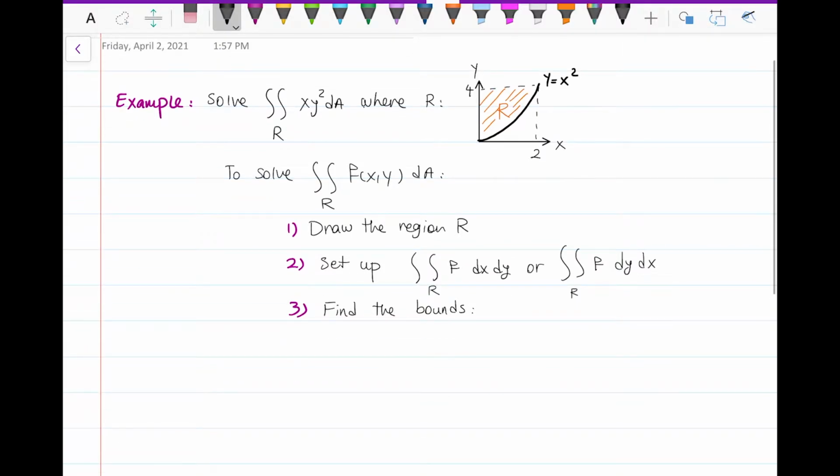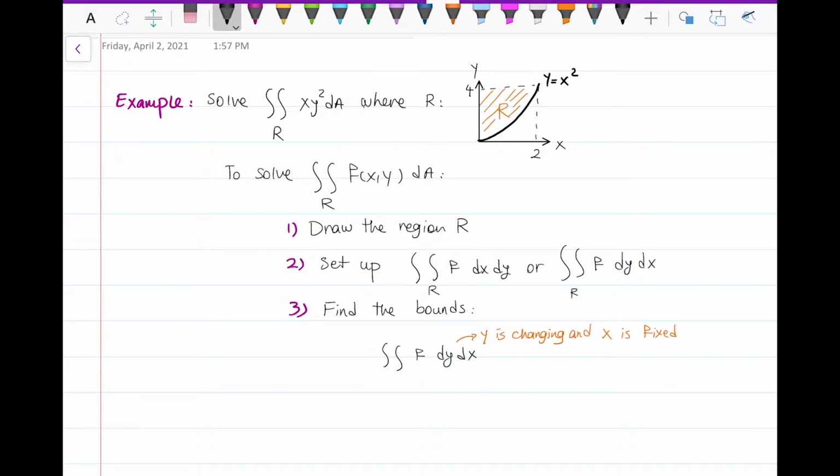So how do we do that? We can do the double integral dy dx. If dy is first, when you want to set up the bounds, you need to consider the fact that in the inner integral, y is changing and x is fixed. x is a constant in the inner integral.